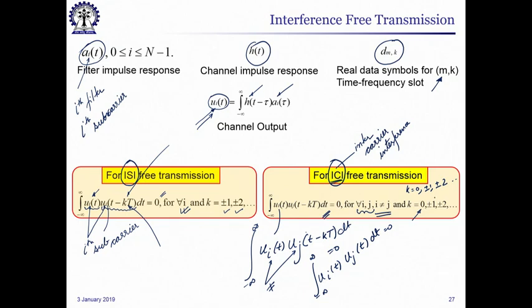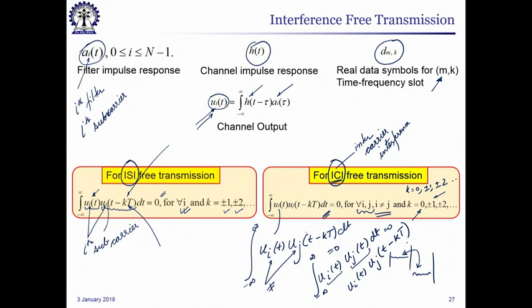But if you take another value of k, plus minus 1, you are taking the ith subcarrier and jth subcarrier of different symbols. So, ui(t) and uj(t minus kT), that means two different symbols, one carrier in this time block, another carrier in another time block. So, there is no intercarrier interference between them as well. So, that encapsulates the overall orthogonality criteria for this particular system.